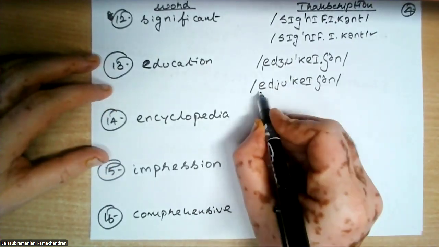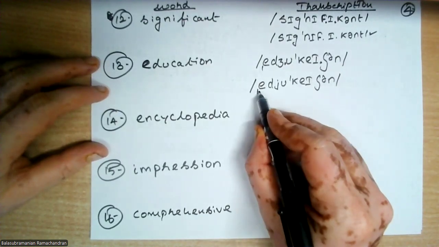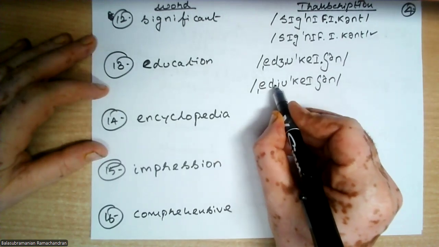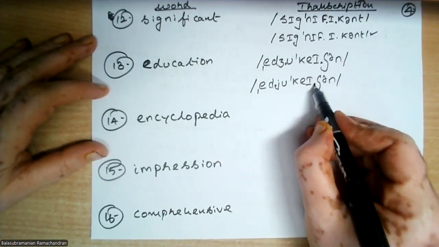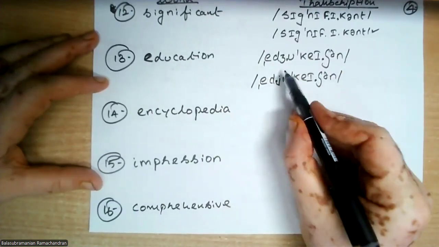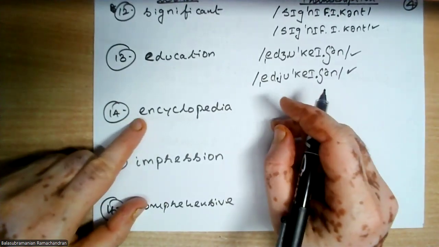Again, K and ed get the primary and the secondary accent. Ed gets the secondary accent, K gets the primary accent. That's not a problem. But here, the syllable division will be like this. Okay, people? I'm telling you because both are correct. All right, let's move on to word number 14.